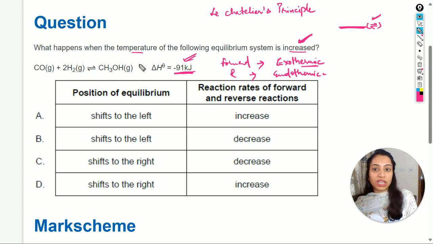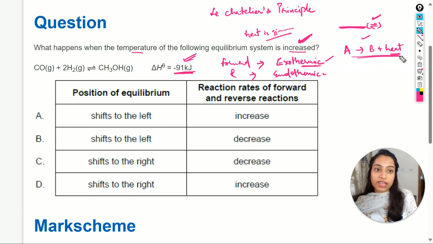And if the forward reaction is exothermic, we can write it like this: A is a reactant, it converts to product B and releases heat, because in an exothermic reaction heat is evolved, right? So when temperature is increased, heat is given to the system, so the heat of the system increases, and it tries to decrease the heat.